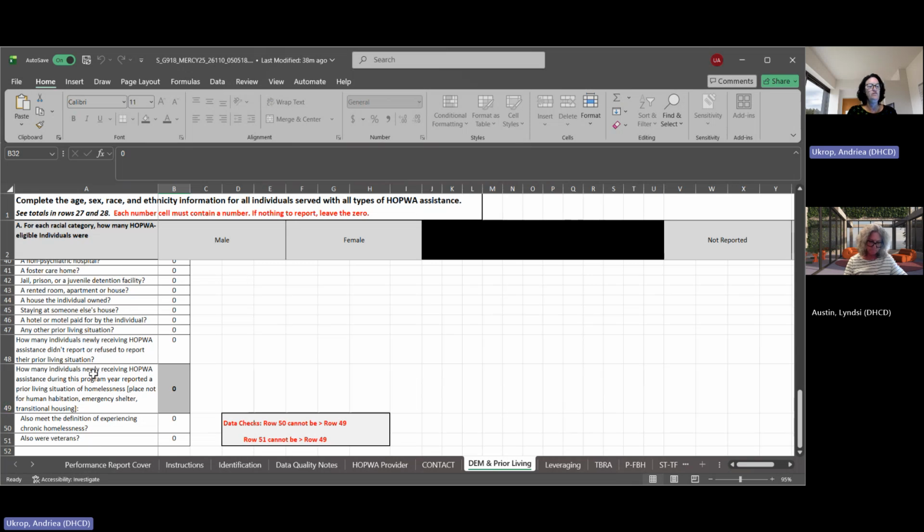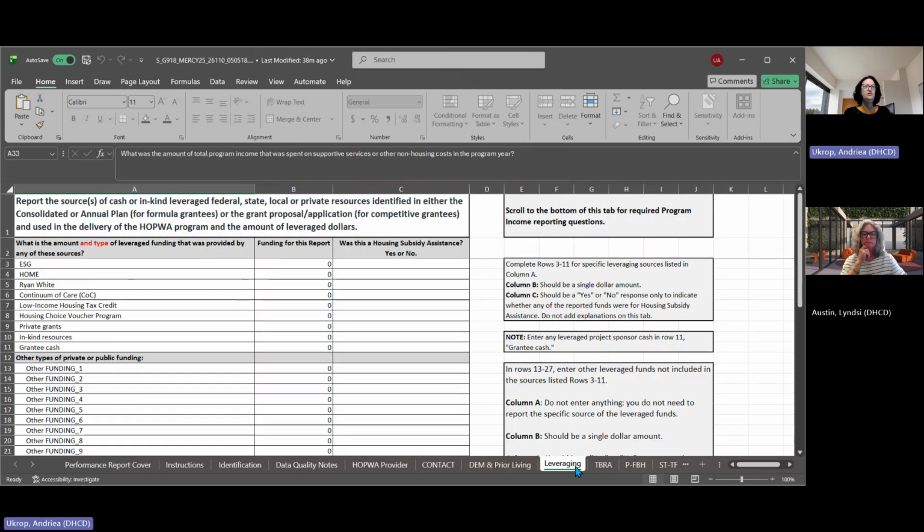And then in rows 51 and 52, the individuals cannot be greater than the response in row 49. So here in row 49, we're looking at those who were experiencing homelessness, and you cannot have somebody who was not experiencing homelessness that is chronically homeless, and then they're also asking about those veterans.